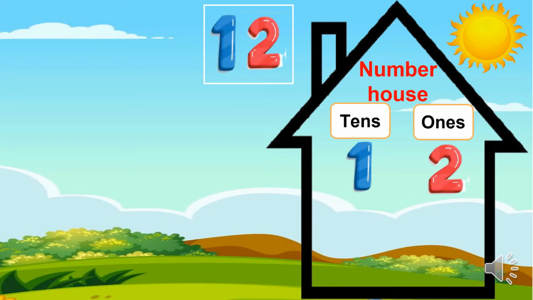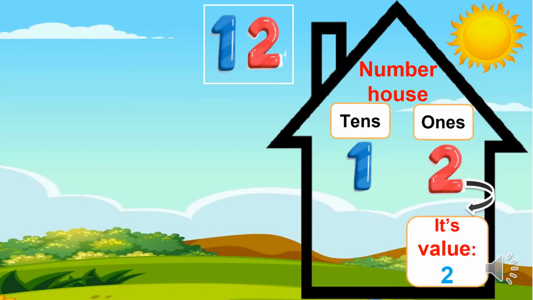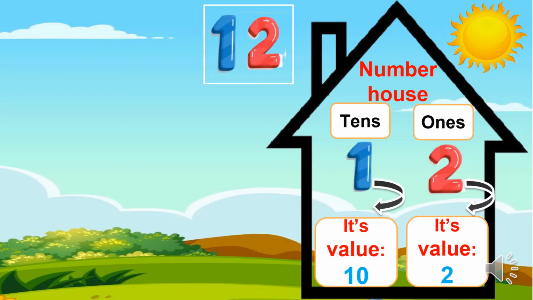So 2 in ones, its value equals 2. 1 in tens, its value equals, do you remember when we said 1 ten equals 10, 2 tens equal 20, 3 tens equal 30? So here 1 ten, its value will be 10.